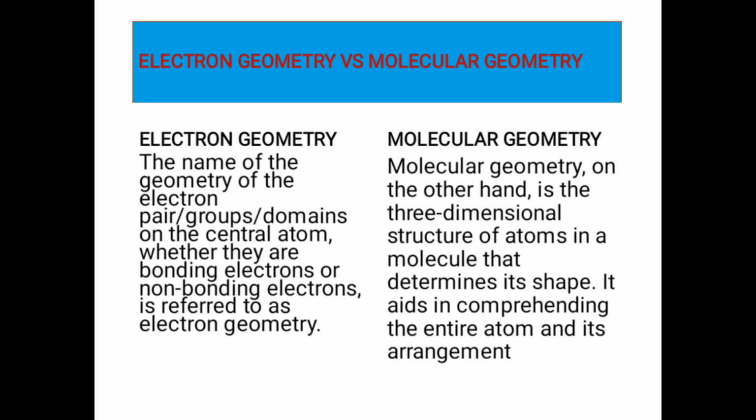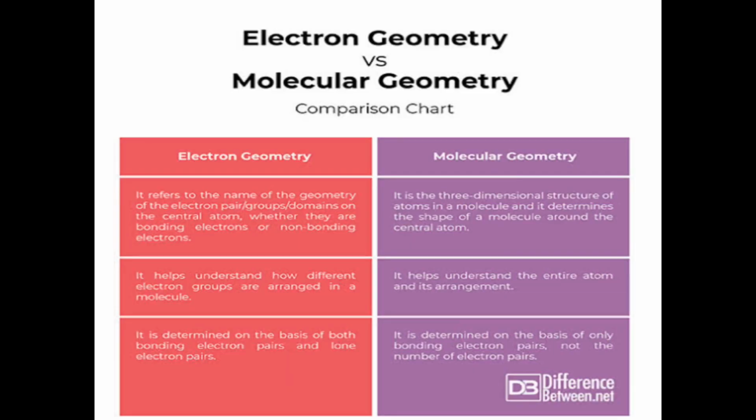Its aim is comprehending the entire atom and its arrangement. Electron geometry refers to the name of the geometry of the electron pair, while molecular geometry is a 3-dimensional structure of atoms in a molecule.